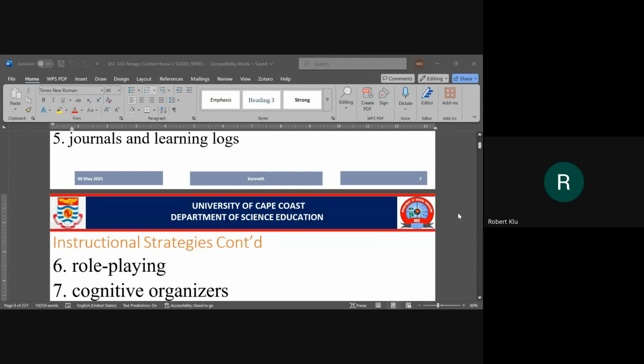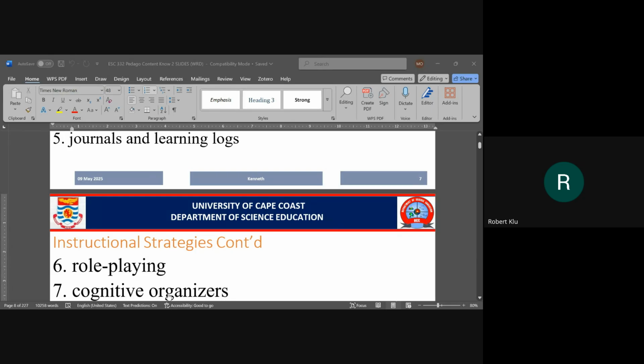Then the next one is to let them choose the type of portfolio, select the type of portfolio they would like to go in for. From there we guide them as to what to do.